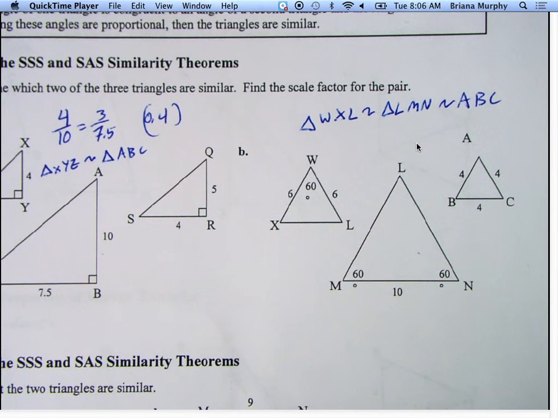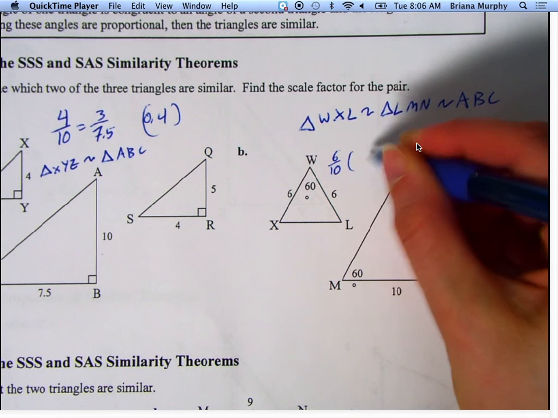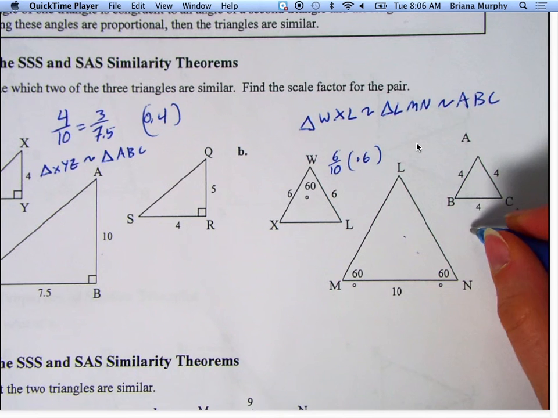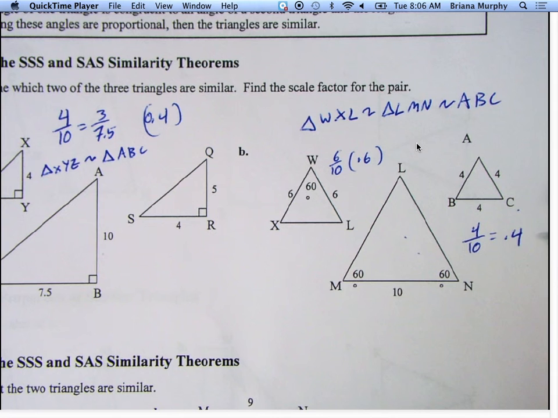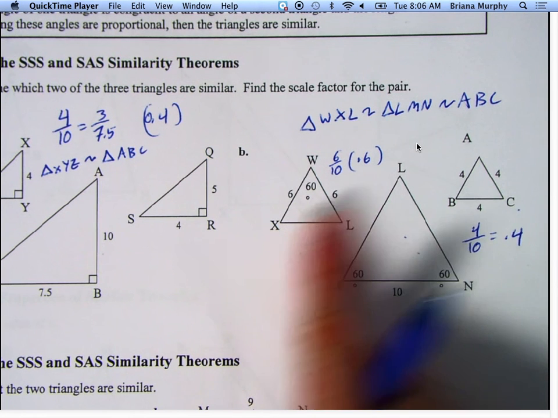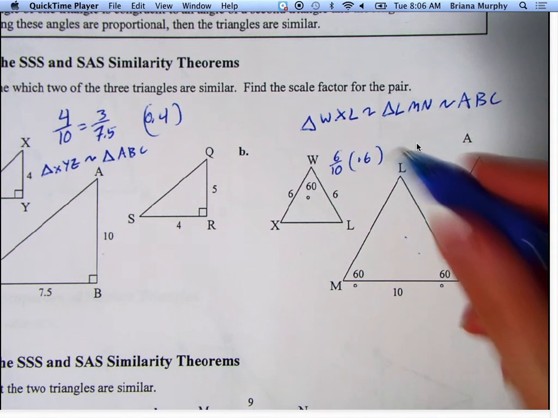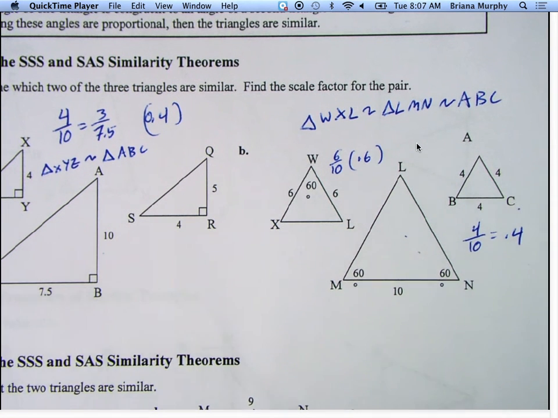So we'd go 6 divided by 10, right? So this scale factor is 0.6. What about LMN to ABC? 4 to 10? So that would be 0.4 as a scale factor. What about WXYZ to ABC? Which is 1.5. So if I go 4 times 1.5, I get 6.